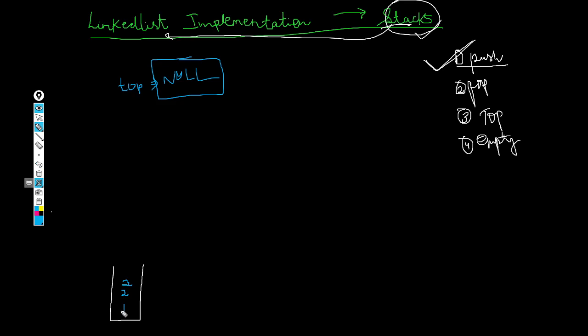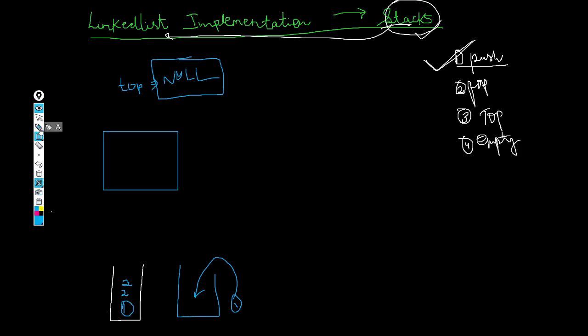And now to insert the first element, which is 1, into the stack, we'll declare a particular node, and we'll make the data part of it equal to the number which we want to push into our stack.